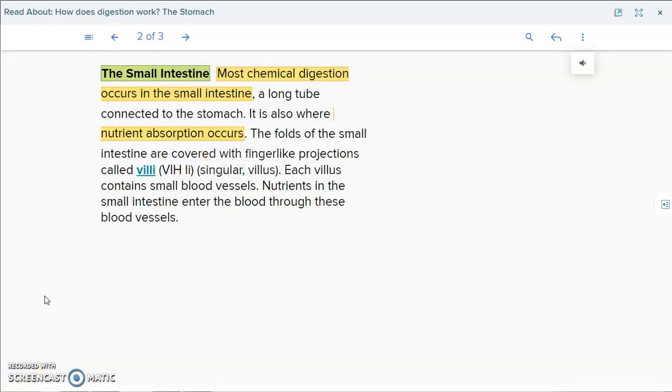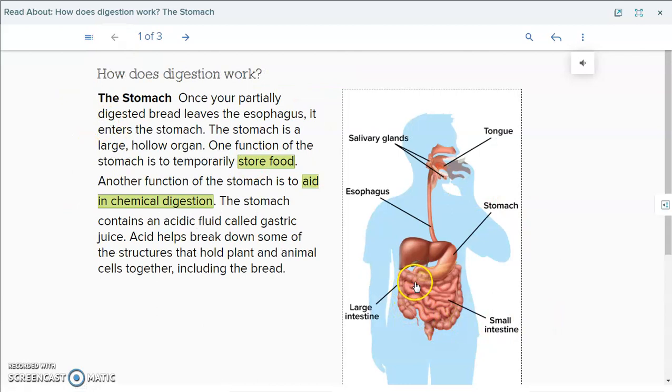Now you will ask, how can the small intestine absorb the nutrients in the food? We will go back to the picture of the small intestine. As you see, the small intestine is like a muscle tube.